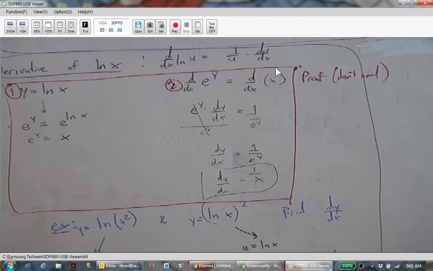If it was just ln of u, you would do this. Basically, all these ln questions are just taking the chain rule. This is one chain, and then this part of it. So now we don't even have to solve it.